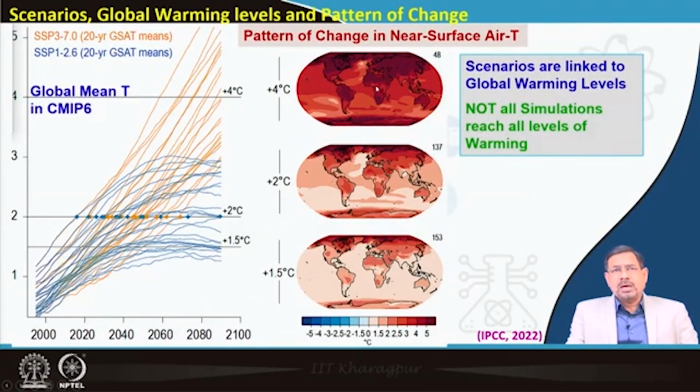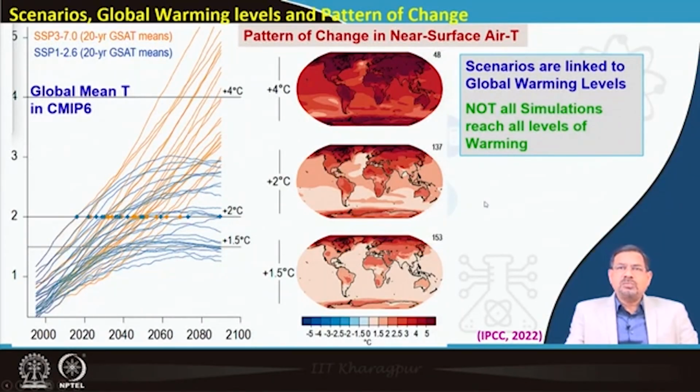So, this is the spatial distribution across the globe in a scenario of average 1.5 degree centigrade, this is 2 degree centigrade and this is 4 degree centigrade. You can see this is really something to be afraid of. So, we do not need to be there with 4 degree plus temperature rise by end of this century. So, scenarios are linked to global warming levels.